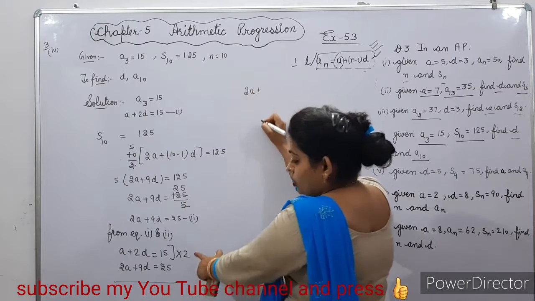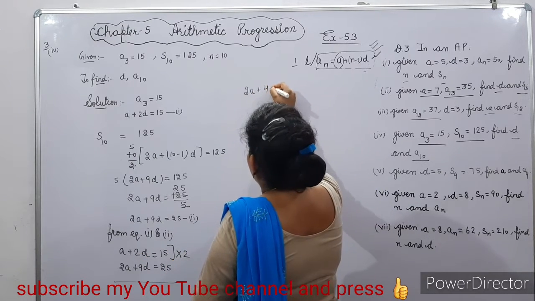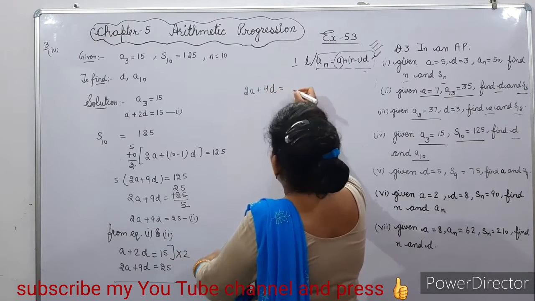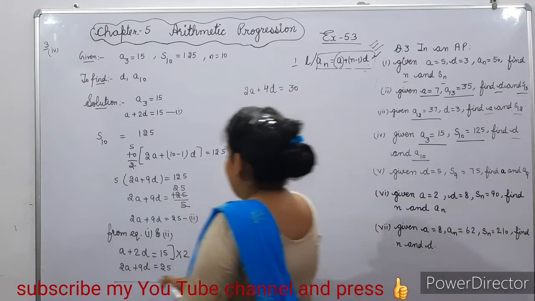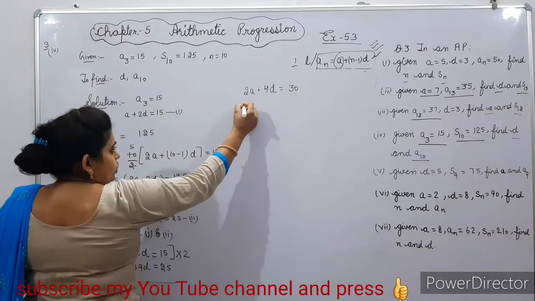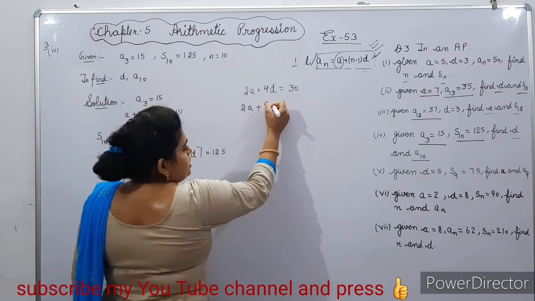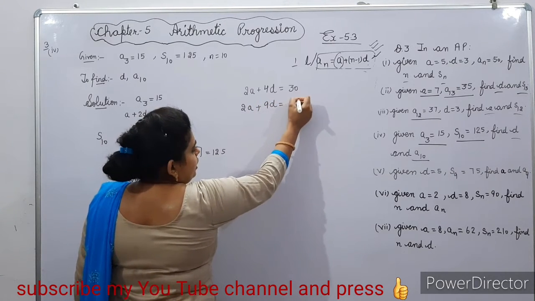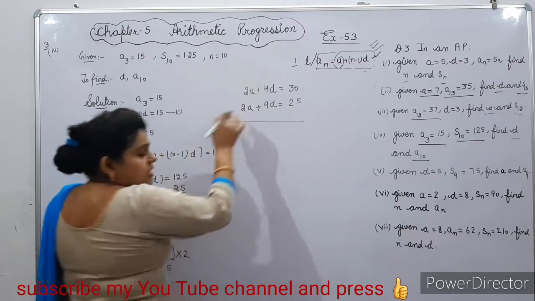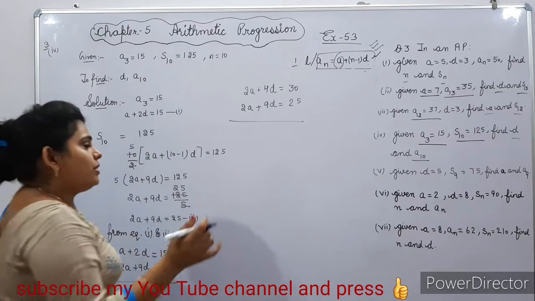2a plus 2 2s are 4d is equal to 15 2s are 30, and the second equation is 2a plus 9d is equal to 25. Now the coefficients are the same, so we will do subtraction.